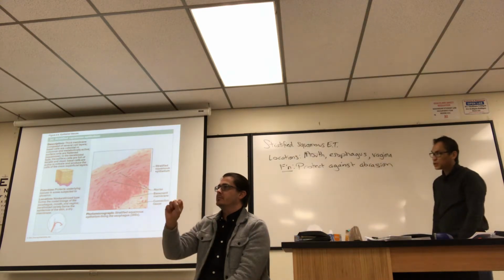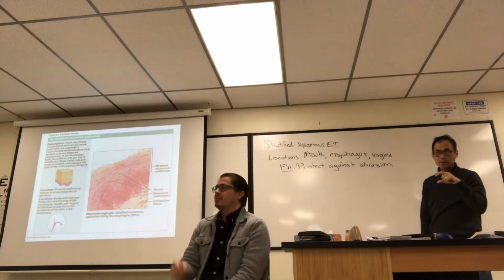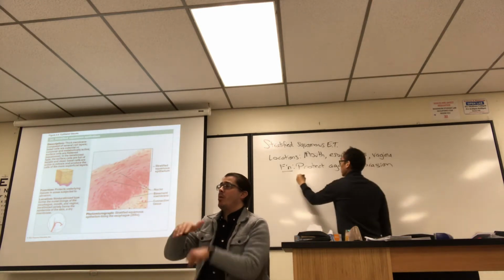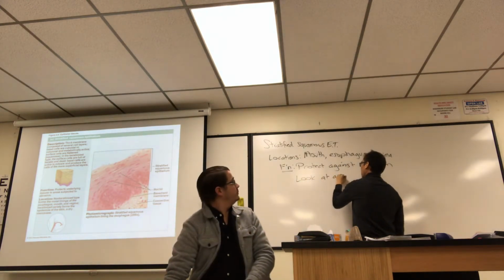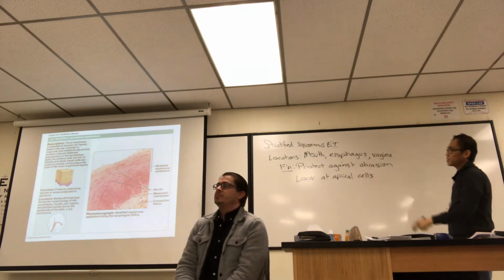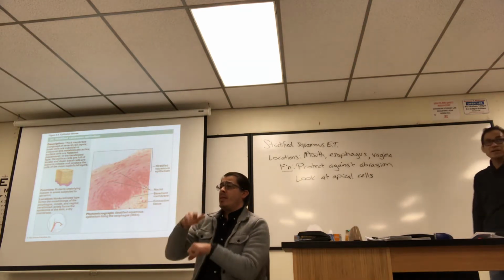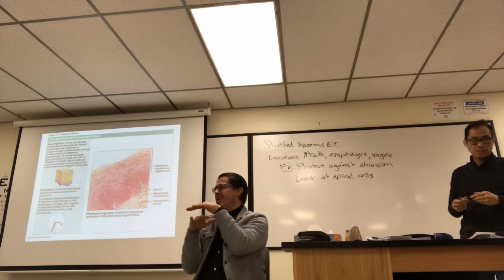And when you look at this tissue, again, only consider the apical cells when you name it, because only the apical cells are stratified and squamous. The cells underneath are not. They're closer to cuboidal.